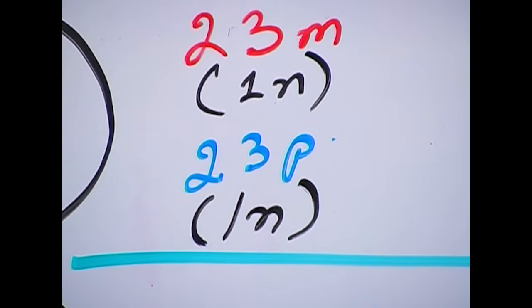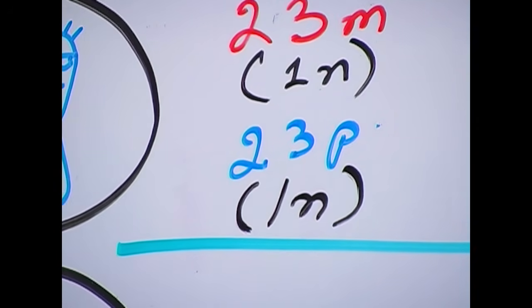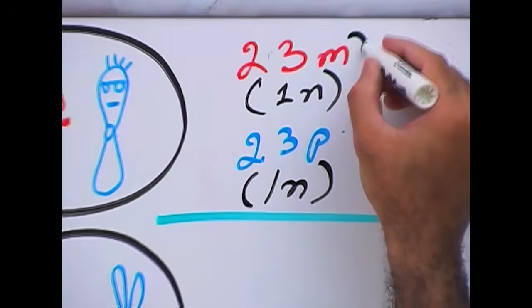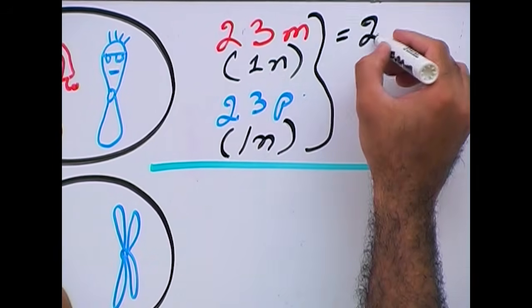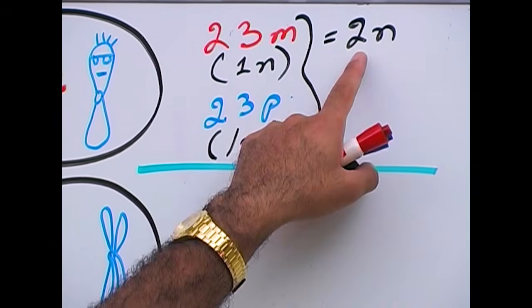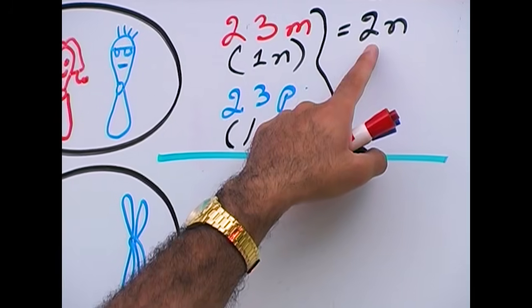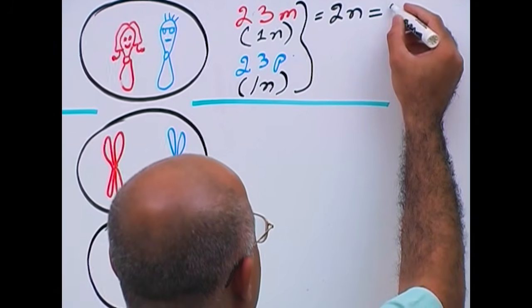One small n is equal to 23 chromosomes, one set of 23 chromosomes. Now, if you put them together, how many n's are there? It is 2 small n. And when there are 2 small n, it is double of 23.